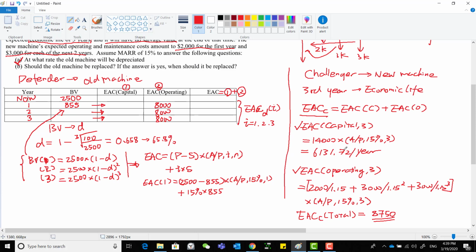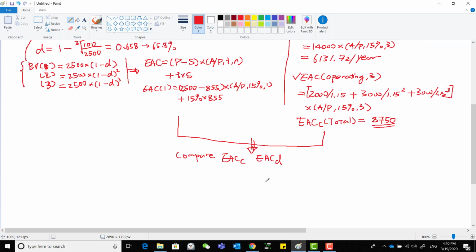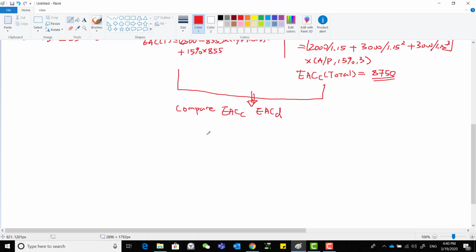Now the next step, after we calculate both defender and challenger, is to compare them: compare EAC challenger and EAC defender. Here's the logic.